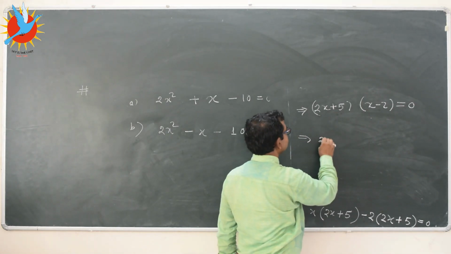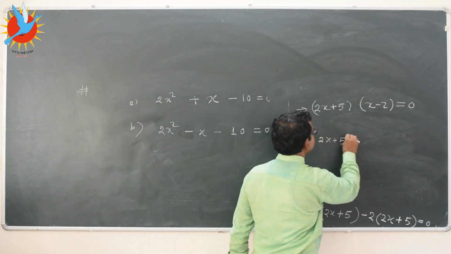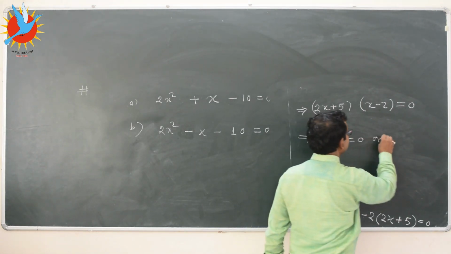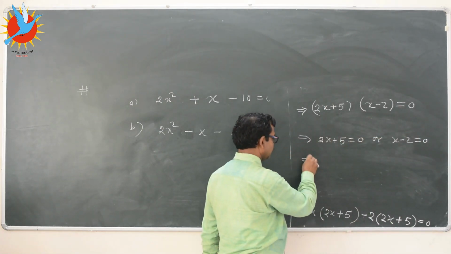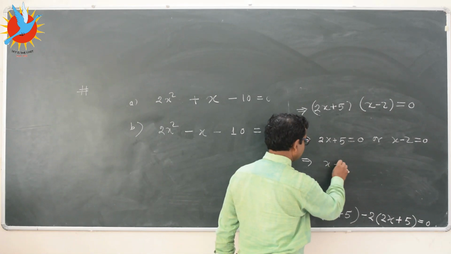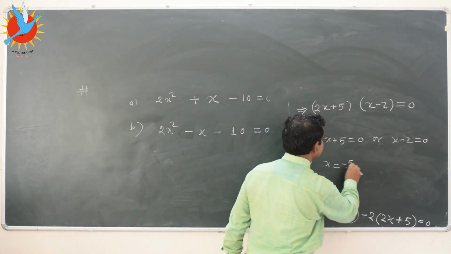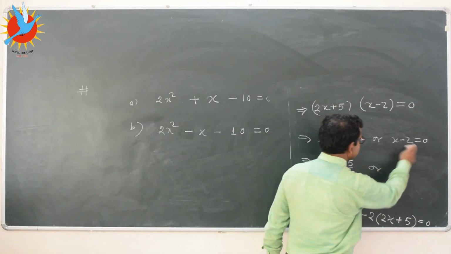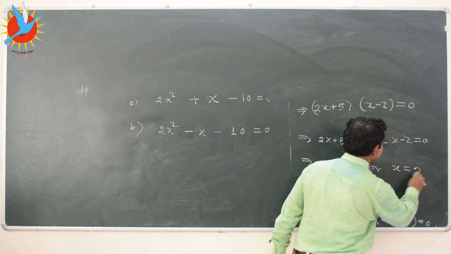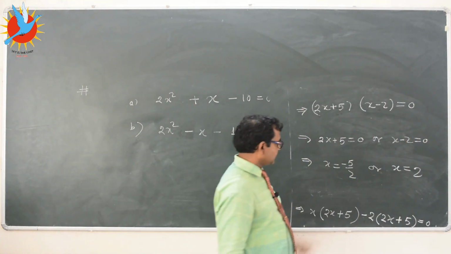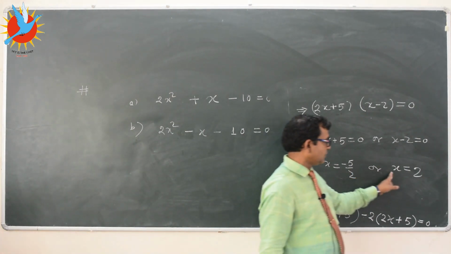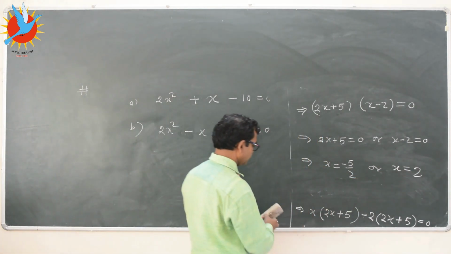Taking this equal to 0, 2x plus 5 equal to 0, or x minus 2 equal to 0. Now this gives x equal to minus 5 by 2, or this gives x equal to 2. Therefore the solution of this quadratic equation is x equal to minus 5 by 2 and x equal to 2.